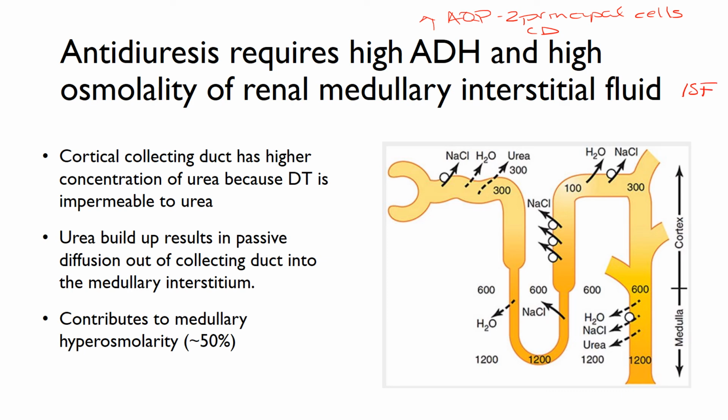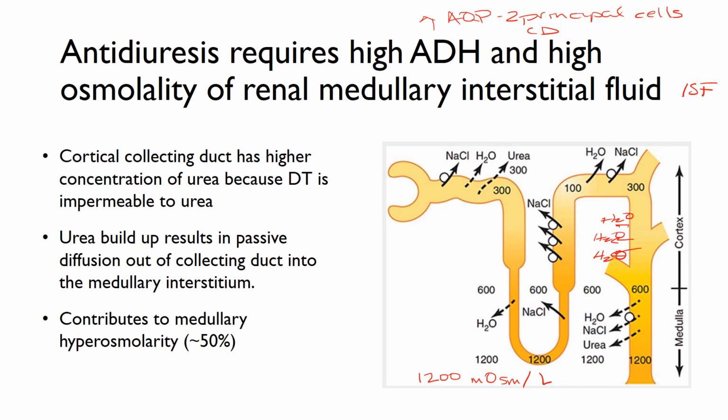If you have a high osmolality of the renal interstitial fluid at around 1200 milliosmoles per liter, and you're in the presence of ADH, a couple of things can happen. If you're in the presence of ADH, water is getting pulled out of the collecting duct. Okay, so this is going to be water, water, water.